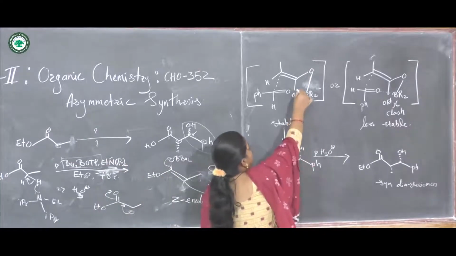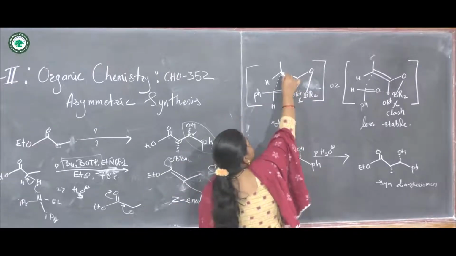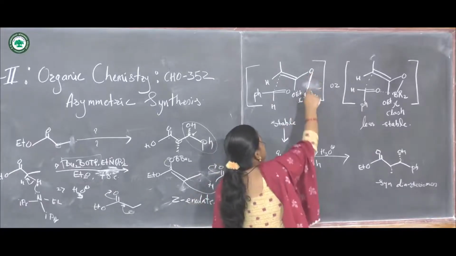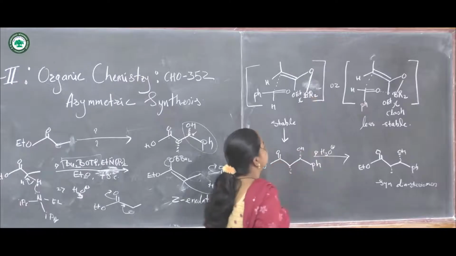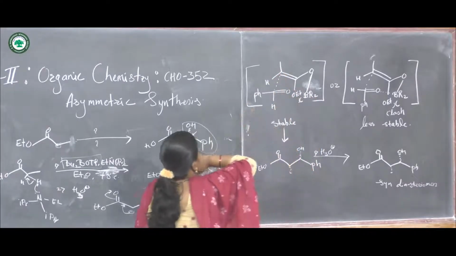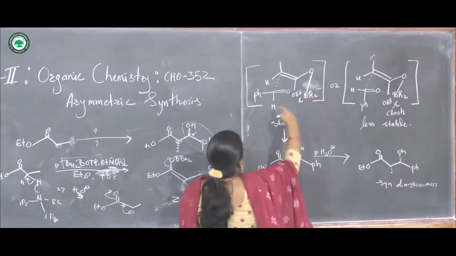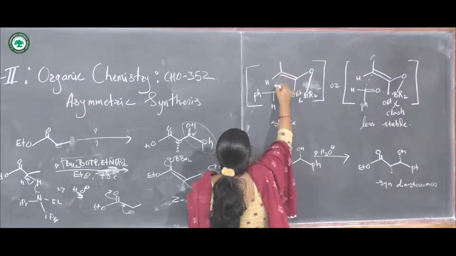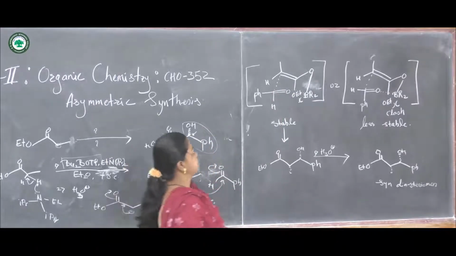Here the chair-like transition state is more stable. So this is your carbonyl group, whose oxygen is bonded to boron, dibutyl we can consider here. The OEt group is there, the methyl group is there, and hydrogen is there. This oxygen will coordinate with this boron, and this nucleophilic carbon is going to react with this carbonyl group by nucleophilic addition.